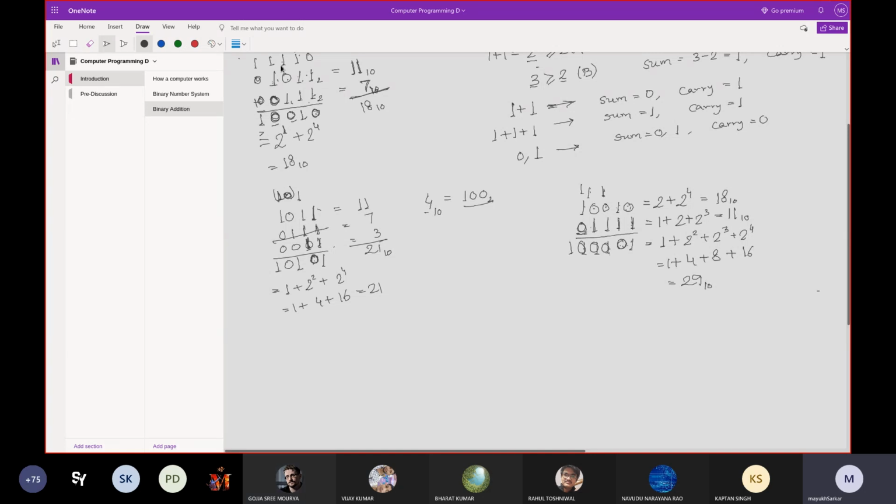Any other query? Yes, sir. In the left side example, we got a carry of 10, no, sir? Here we have got a carry of 1. Sir, that means the digits are adding column-wise, or that 10 is added to the two columns or entirely to one column? Let me explain.